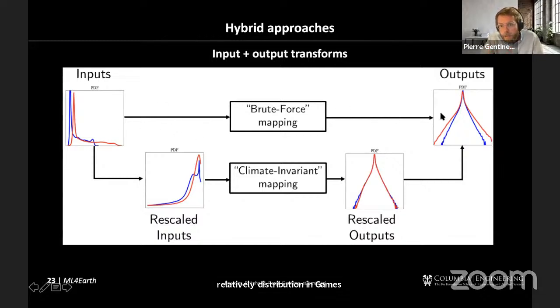If you were to directly use the brute force mapping, you will find that the PDFs are fundamentally shifting in terms of the output. But if you use the climate invariant mapping, the rescaled PDF will be almost unshifted. So that's the intent, right? You're not doing any sort of out of sample prediction, and that's the ultimate goal. So by bringing in physical knowledge, you avoid that shift in the distribution.